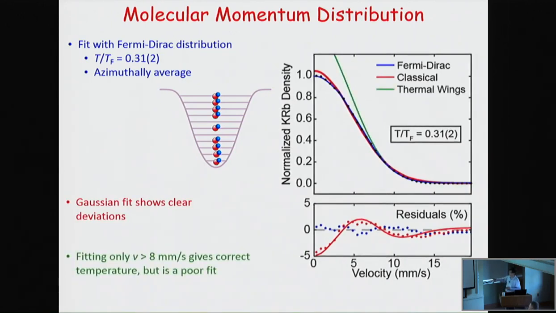And if you try to fit only the thermal wings of the momentum distribution, you can clearly see that at the center it grossly disagrees with the distribution of the molecules in a Fermi gas. And so from these measurements, we determine the Fermi temperature of this molecular gas.